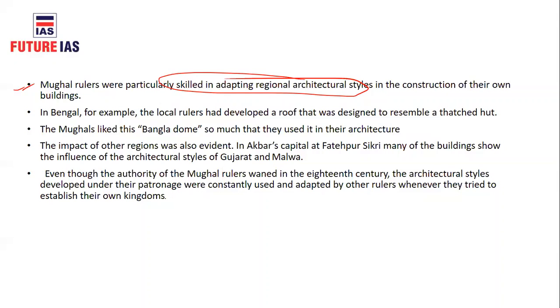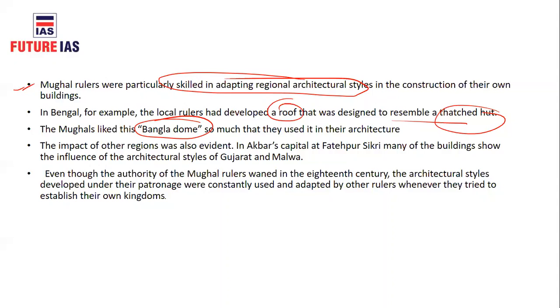For example, in Bengal, the local rulers had developed a roof designed to resemble a thatched hut, isn't it? And the Mughals liked this Bangla dome, so they used it in their architecture. It is nothing but a Bengal form of architecture which resembles a thatched hut. So the Mughals started adapting these regional architectural styles.